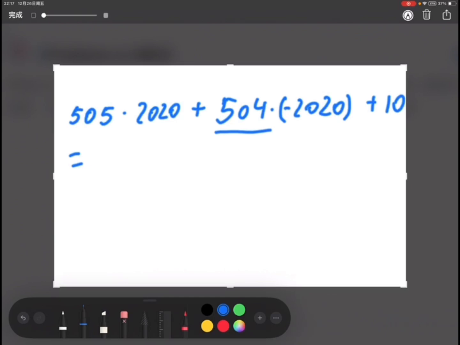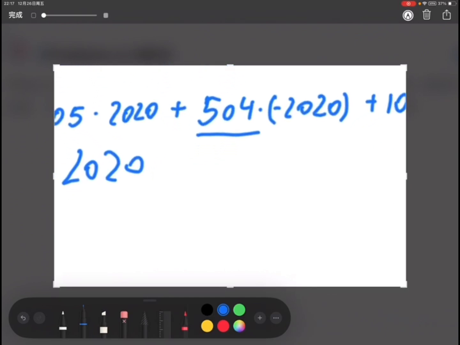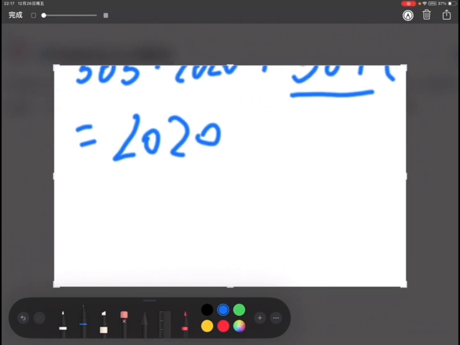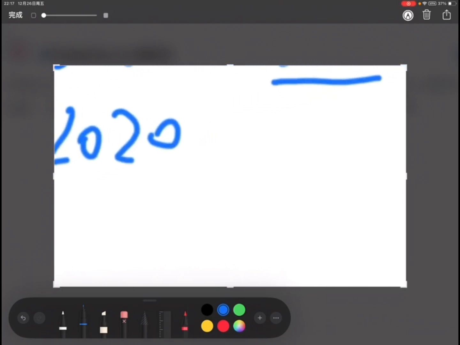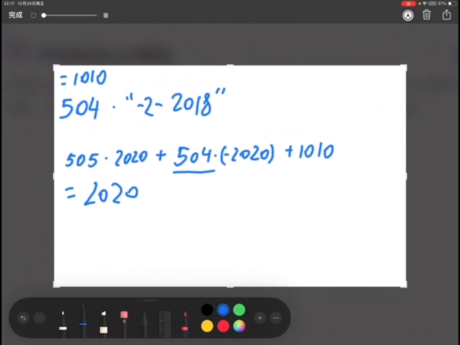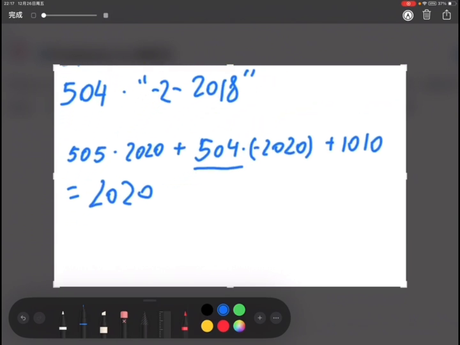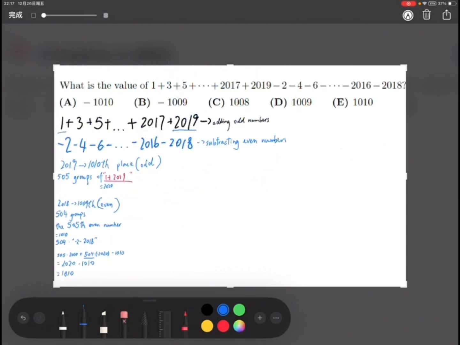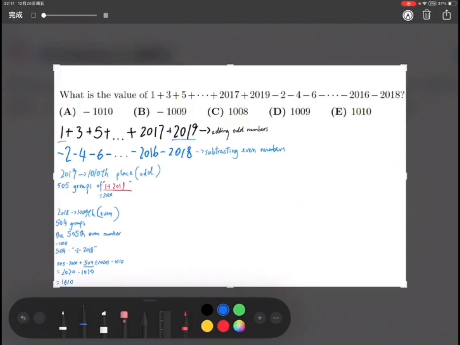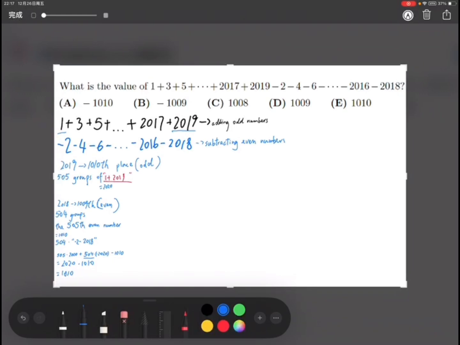Okay, that's literally equal to 2020 minus 1010 to get 1010 to be the last answer.